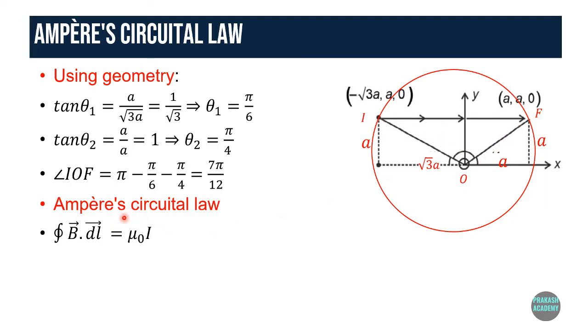So, this contribution mu naught I is coming from this part of the angle and also this part of the angle. So, basically this whole contribution mu naught I is due to the 2 pi angle.